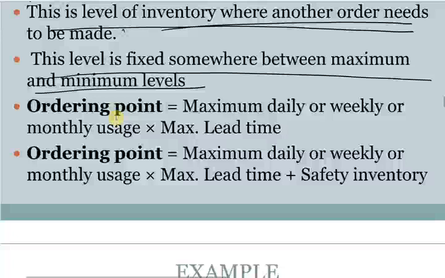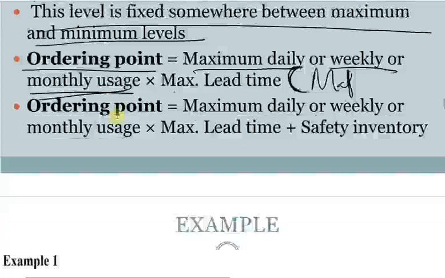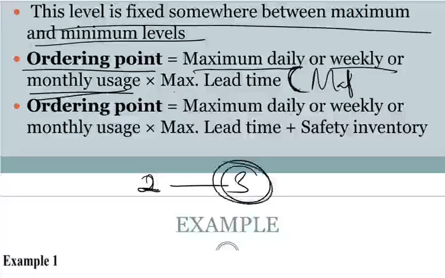So we have the formula for reorder point. The formula is maximum daily or weekly or monthly usage times maximum lead time. This is when you have, for example, a situation where the lead time is a range, for example, 2 to 3 weeks. So you take the maximum, which is the 3 weeks.